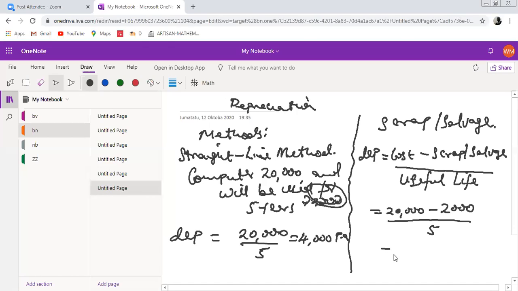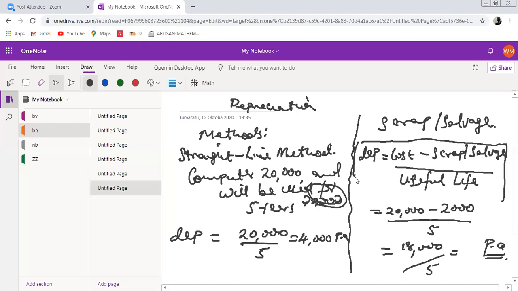And then I would be able to get the depreciation per year, which would be actually 18,000 over 5. And the value here, remember, is per year, per annum. So this is actually the method or the formula for calculating depreciation under the straight line method. It is the cost minus the scrap or salvage value over the useful life or the economic life of that particular asset. You get your depreciation per year.